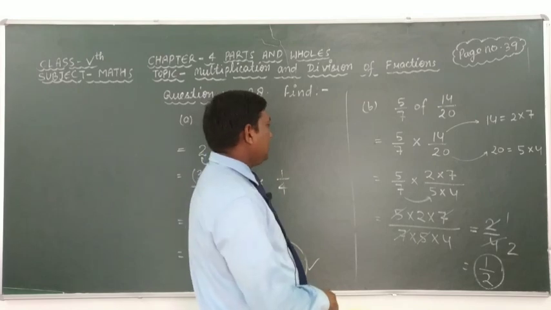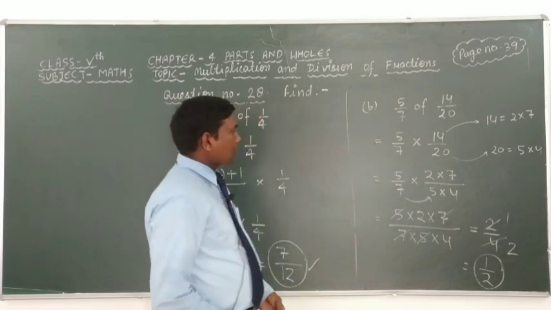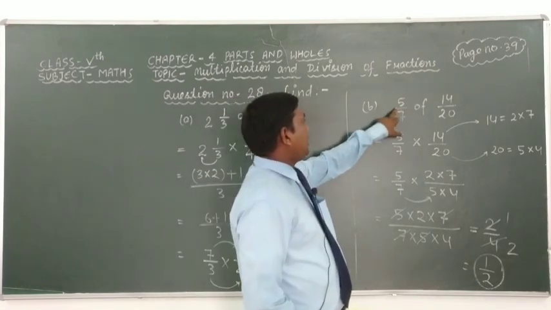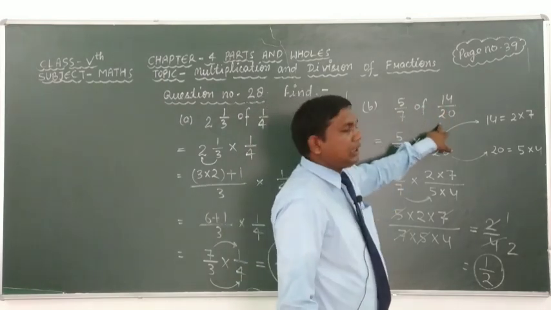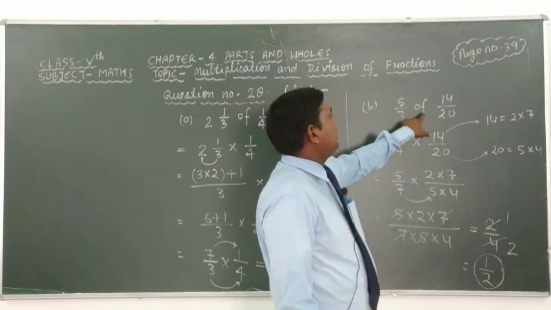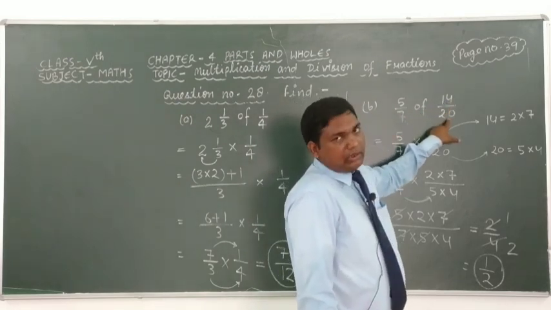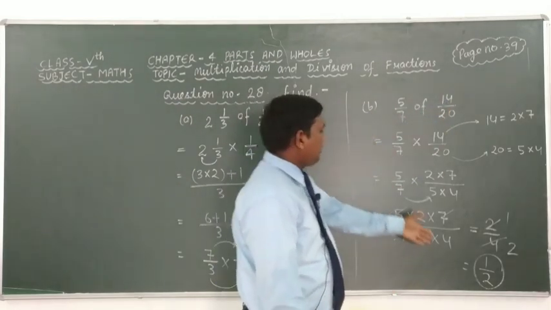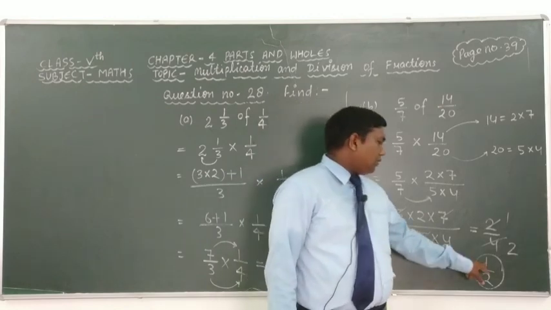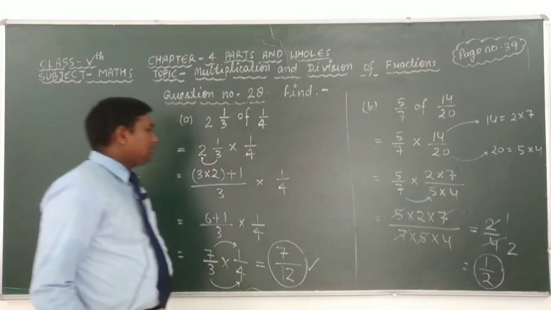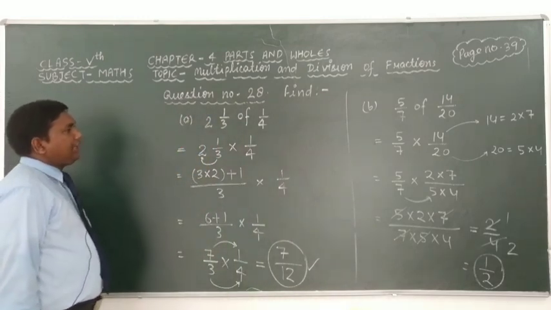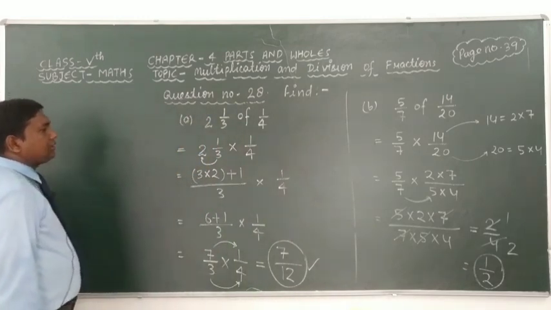Here it is given 5 over 7 of 14 over 20. Students, here we have to take the multiplication of 5 by 7 and 14 by 20. After solving this, we get 1 by 2. If any student has a doubt in question number 28 of A and 28 of B, please ask me.